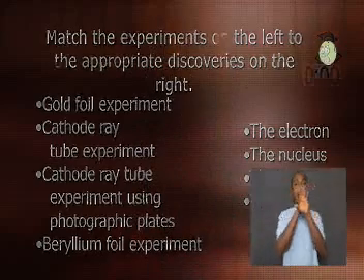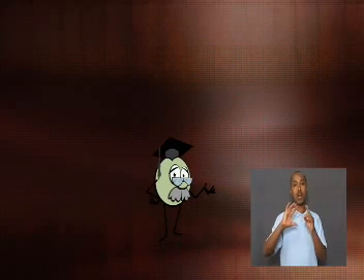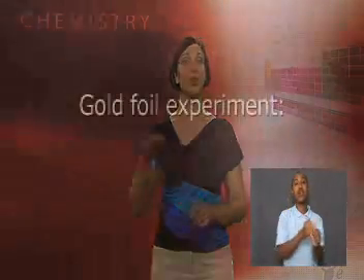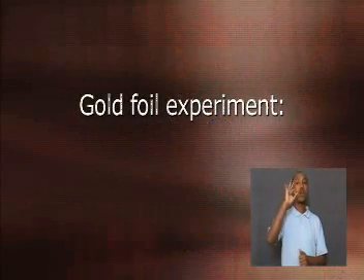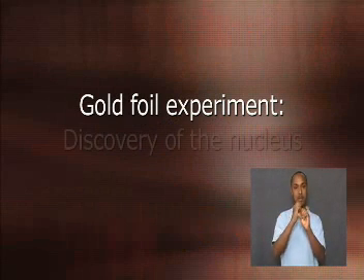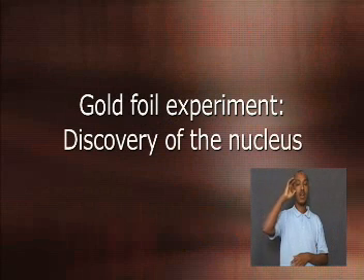Time's up. Let's get back to our lesson. Hello again, everyone. If you made the right connections, your list should show the following. The gold foil experiment, conducted by Rutherford, led to the discovery of the nucleus.